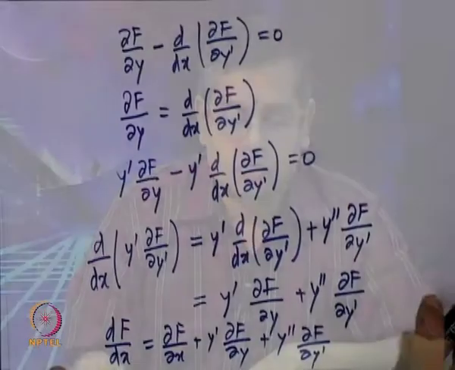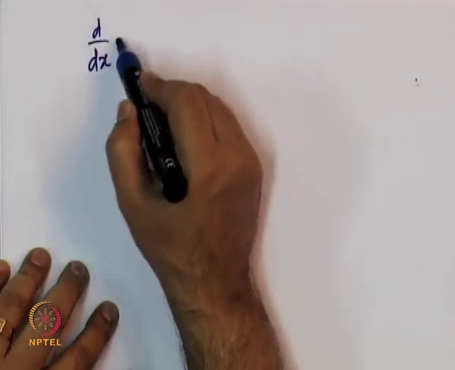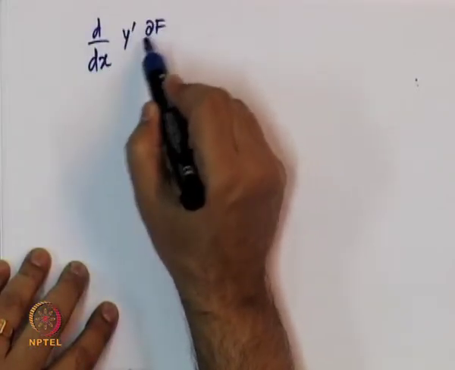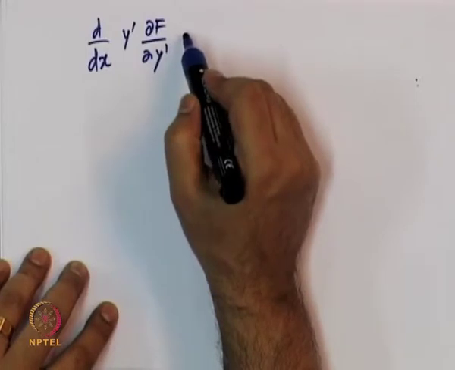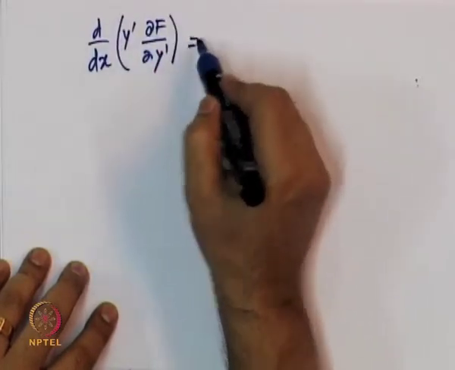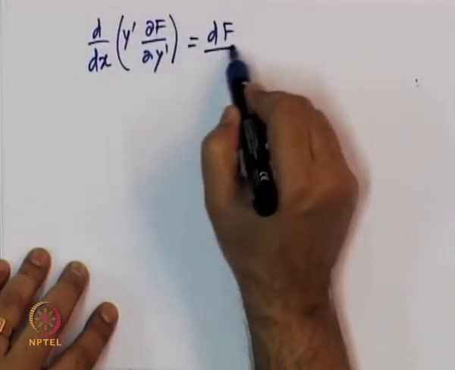Okay. So, if we do that, we get this result, namely that d/dx of y prime ∂f/∂y prime is equal to df/dx.